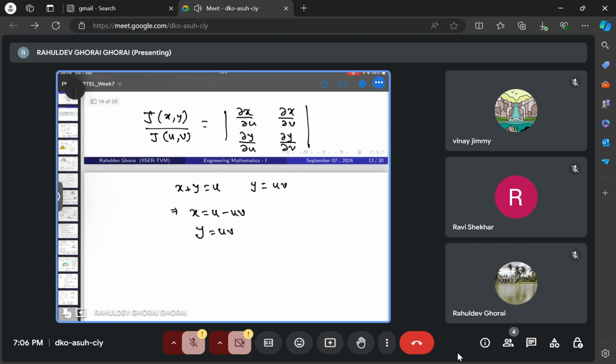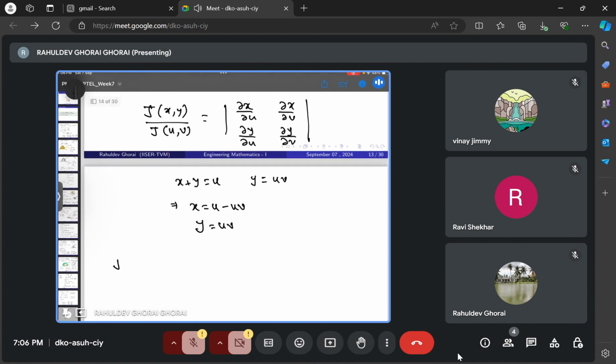Now if you do the Jacobian of xy over uv, that will be del x del u, which is 1 minus v, del x del v, which is minus u, and del y del u will be v, and del y del v will be u.